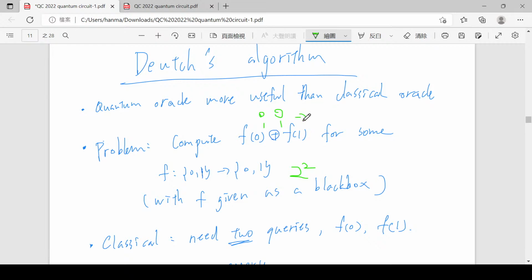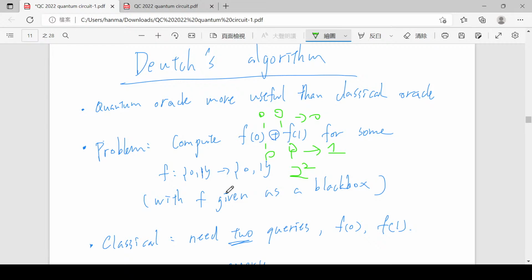Then this gives you 0. And if it's 1, 0 or 0, 1 here, then this addition gives you 1. Okay? The other way to describe this is we want to say whether f of 0 equals f of 1. Anyone okay with this setup?